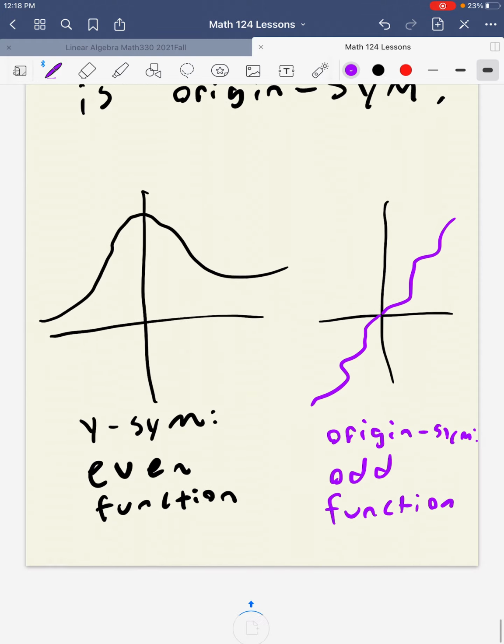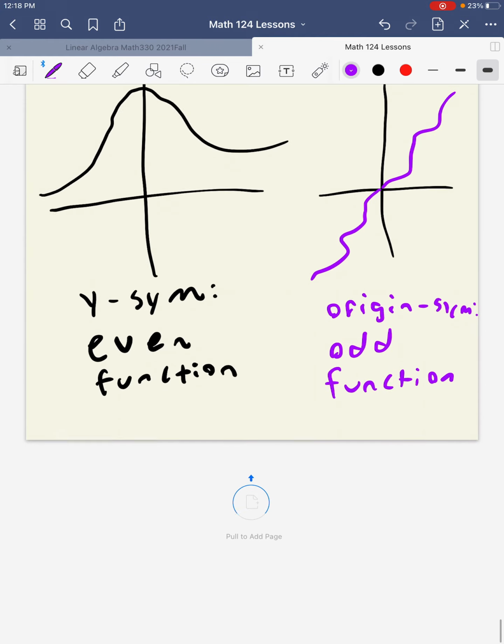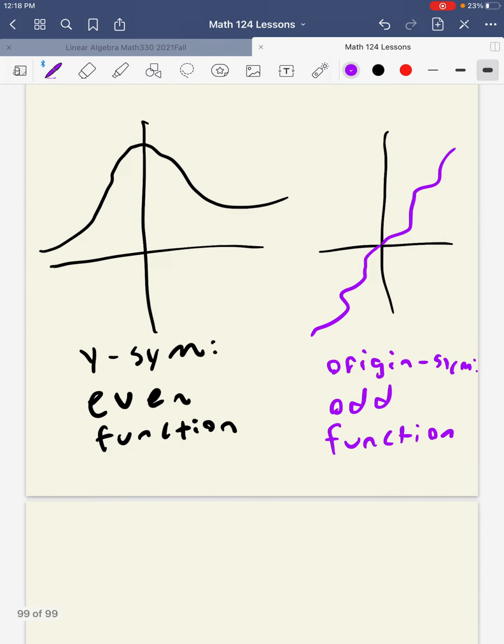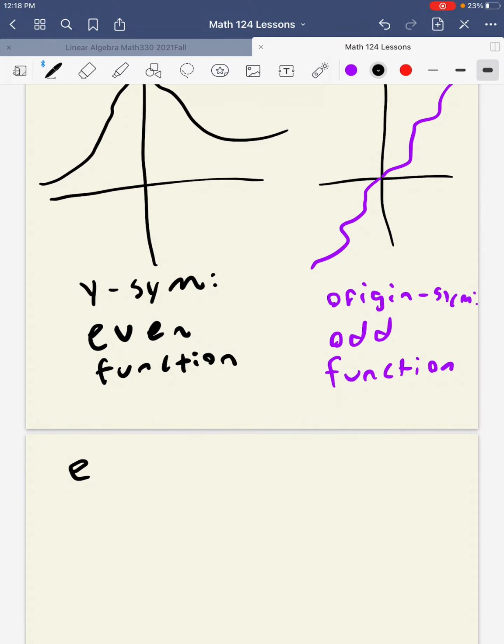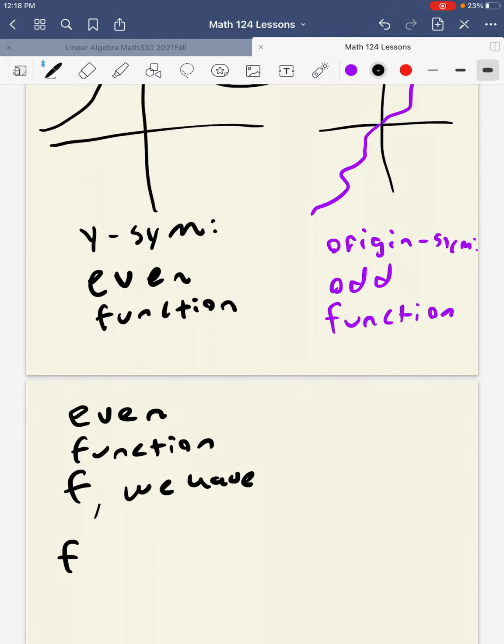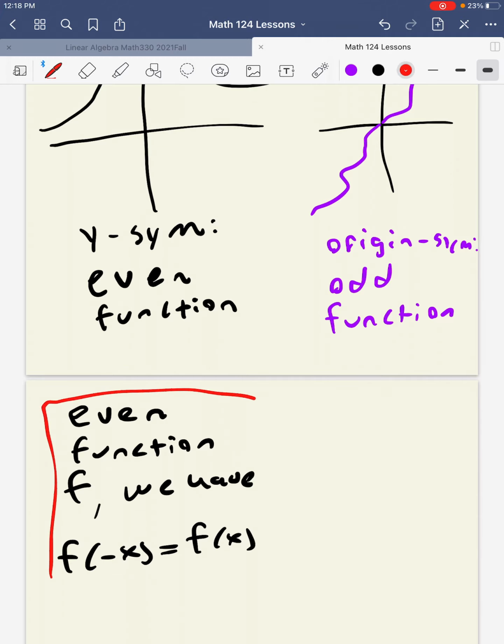And the reason we use this language is it's sort of like how double negatives cancel out, or an even number of negatives will cancel out, and an odd number of negatives preserves the minus sign. Let me explain a little further. For an even function f, if we plug in a negative number, the negative just cancels out and we're left with what we started, which is exactly the test we were doing earlier.